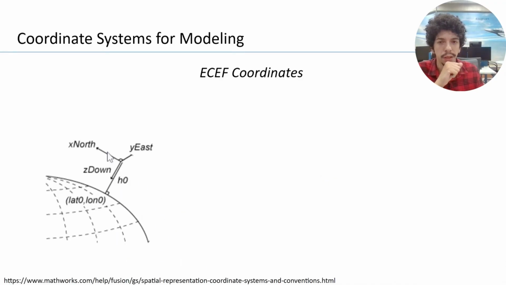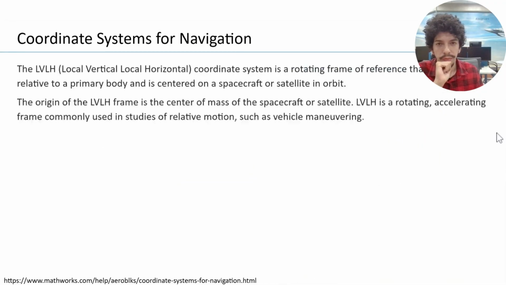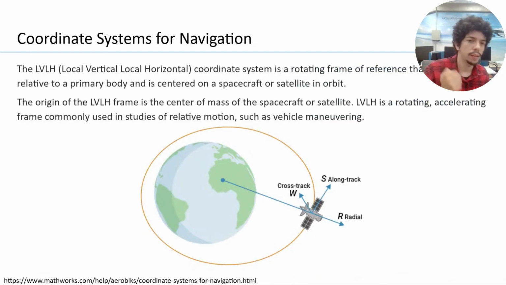In this image, we have an example of ECEF coordinates. Note in these pictures we have range, elevation, and azimuth angle. And two, we have LVLH, named local vertical, local horizontal. The axes are centered on the secondary body, in this case a satellite.